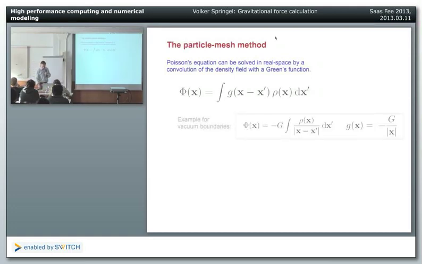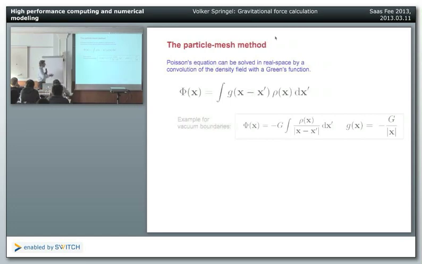You all know what the Green's function is for Newtonian gravity, because we can calculate the potential with this integral over the mass distribution, where the Green's function is the 1 over r kernel, minus G over the distance vector. So this would be our Green's function in Newtonian gravity.